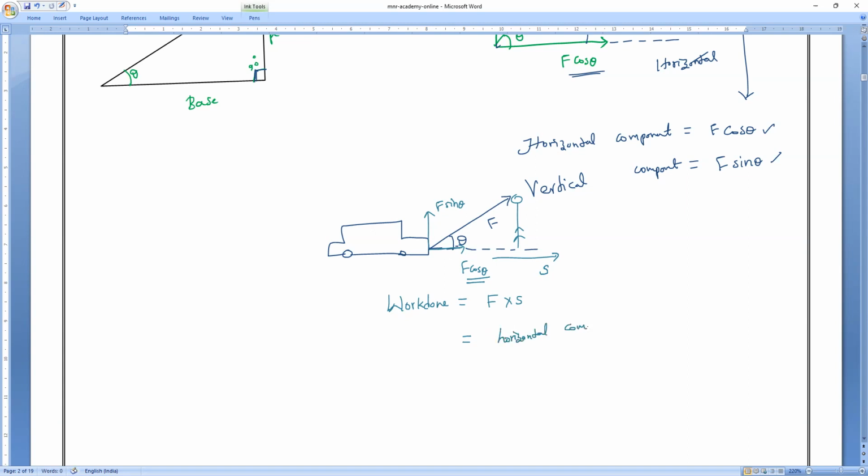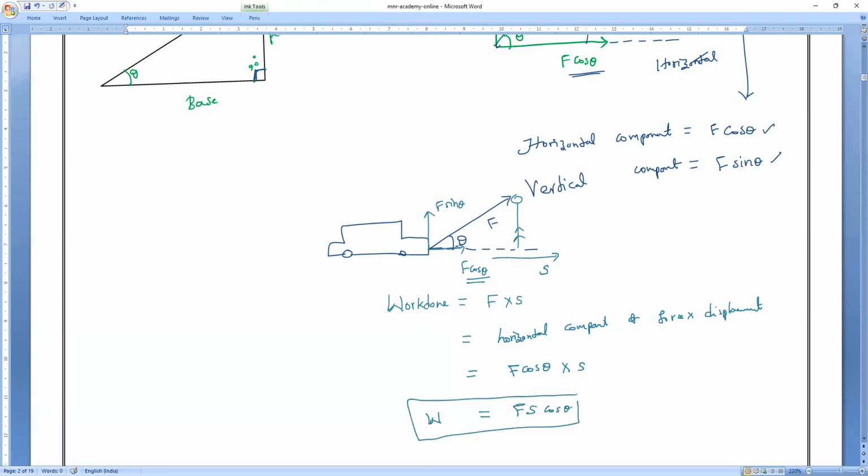So work done is equal to the horizontal component of force into displacement. In the direction of force only, displacement will be there. So the horizontal component is F cos theta into S. So if you rearrange it, the answer is F S cos theta.